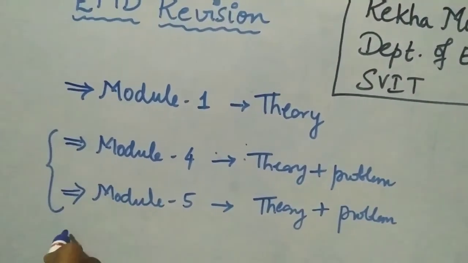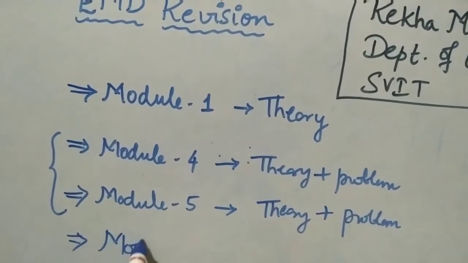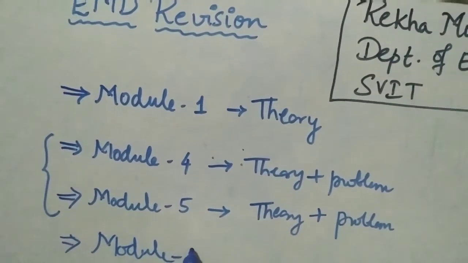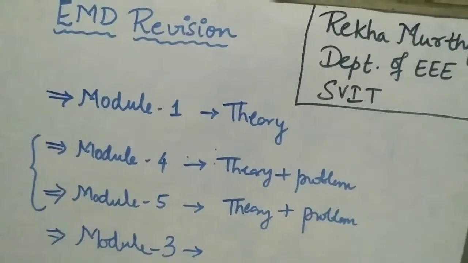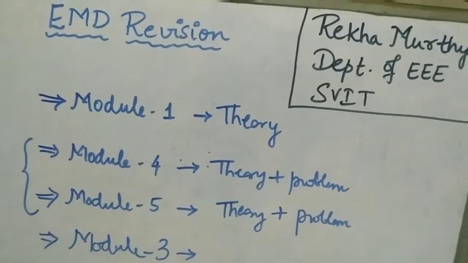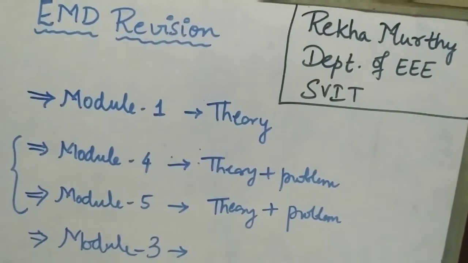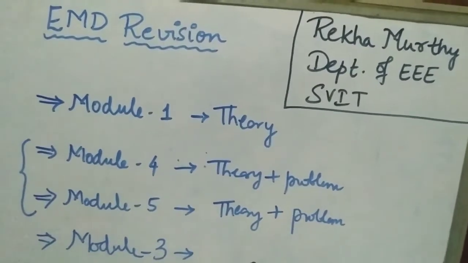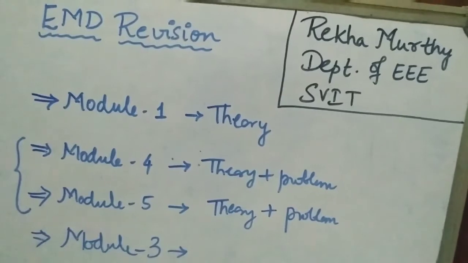After that, we can attempt module 3. This module 3 is the design of a transformer. Most of the specifications will be quite different compared to the rotating machines we discussed in modules 4 and 5.